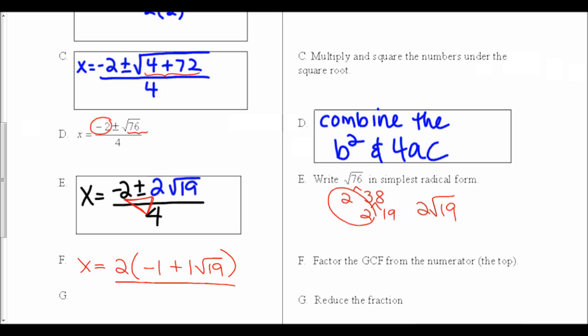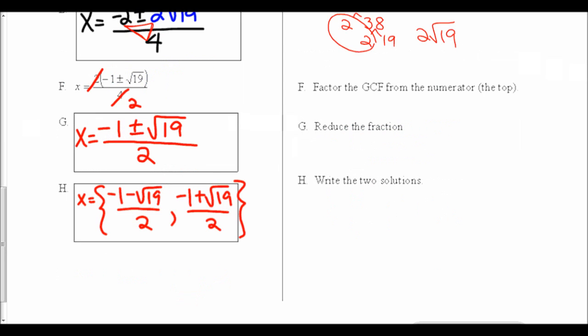If I write it like that, I can see that what I'm really going to do here is reduce in step G the 2 and the 4. 2 goes into 2 one time, 2 goes into 4 two times. And then what I really have is negative 1 plus or minus the square root of 19 all over 2.